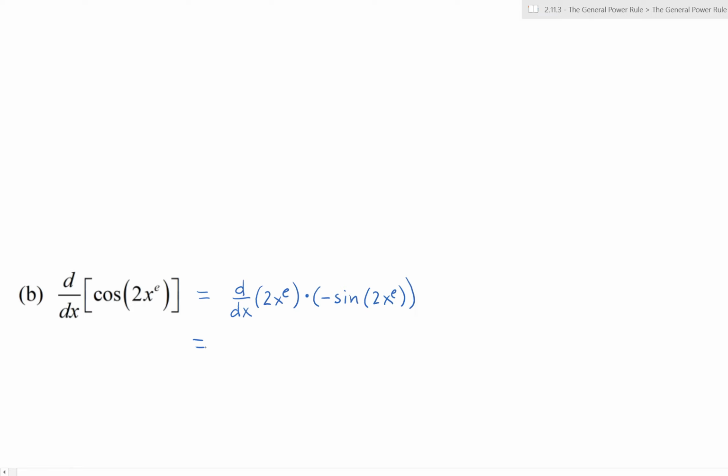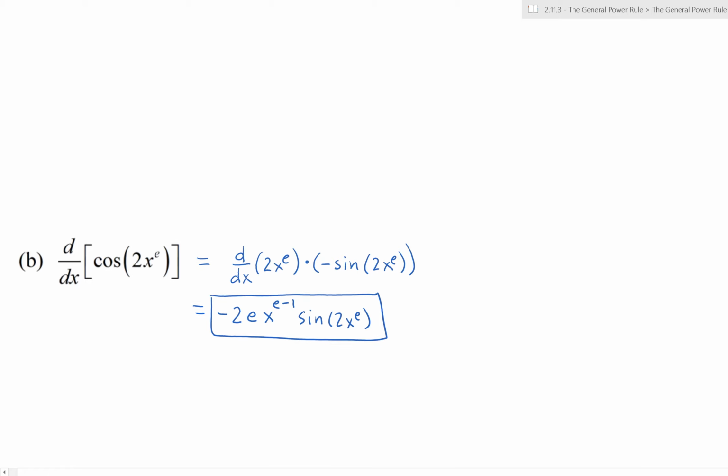And then apply the power rule to the 2x to the e. I'm going to take that negative sign out in front too. So negative 2, bring down the power of e, times x to the power of e minus 1, and then times sine of 2x to the e power. There you go. See? Real number exponents on the power rules.